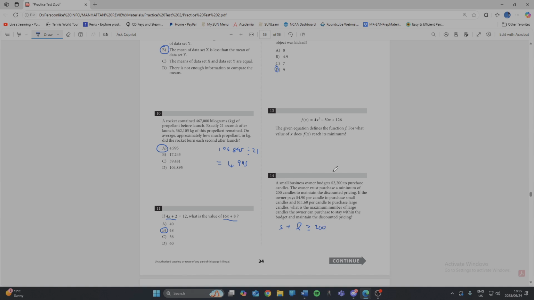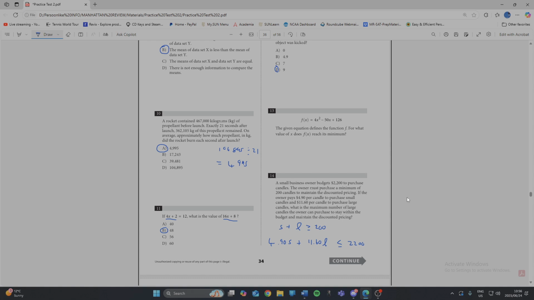And then he only budgets $2,200, meaning that if he pays $4.90 per small candle, we could say 4.90 S plus 11.60 L for every large candle would have to be smaller or equal to 2,200.